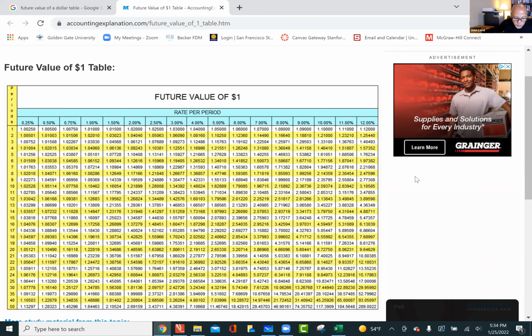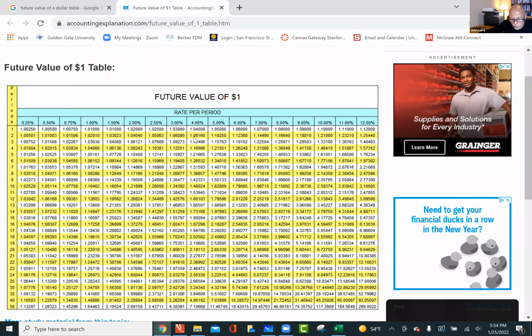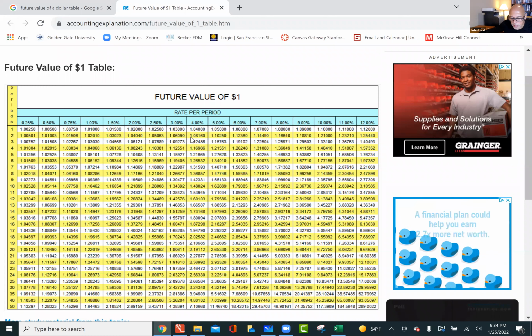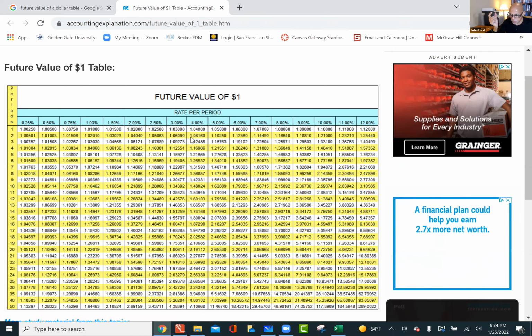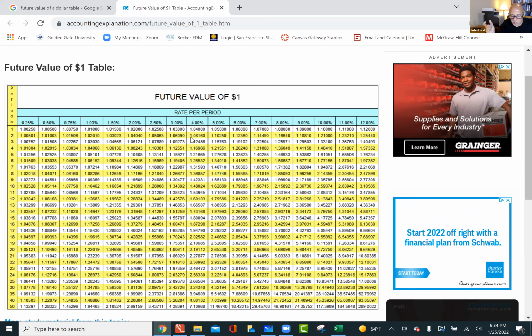So if you go to the second row here and run your finger across to the 4% semi-annual rate, notice you get that same number that comes into the parentheses, 1.0816, and then of course you would subtract 1 from that, and that would also give you the effective annual percentage rate.